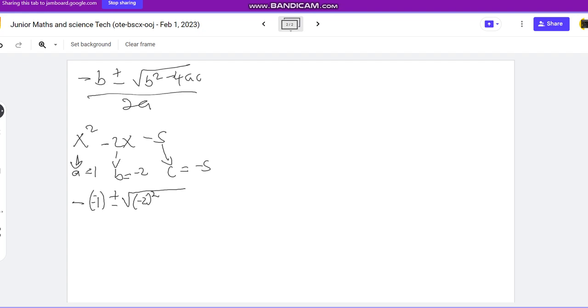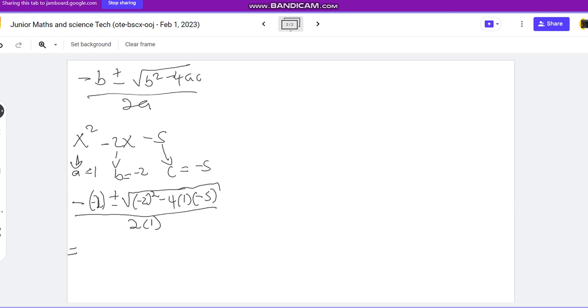Here is supposed to be negative 2 as well, plus and minus the square root of b squared, negative 2 squared, and then this will be minus 4. What is a? A is just a 1. What is c? C is just a negative 5. Do you see that? And then all divided by 2a. A is just a 1.